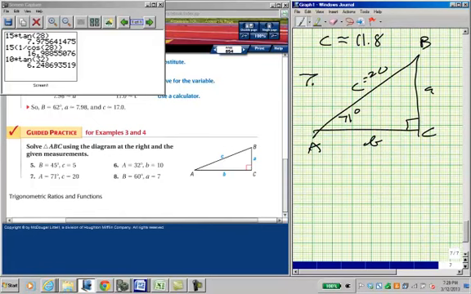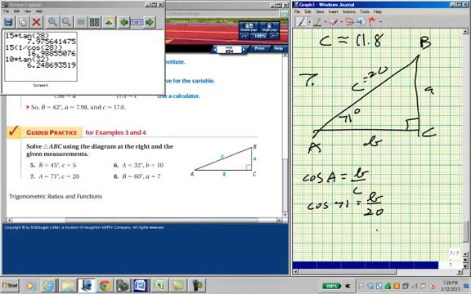The cosine of A equals B over C. So the cosine of A, the cosine of 71 equals B over 20.